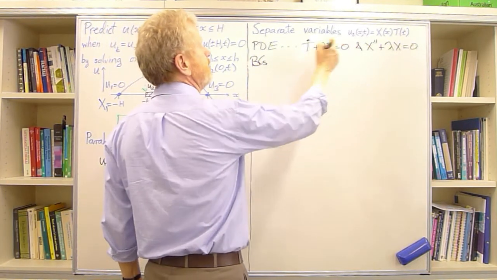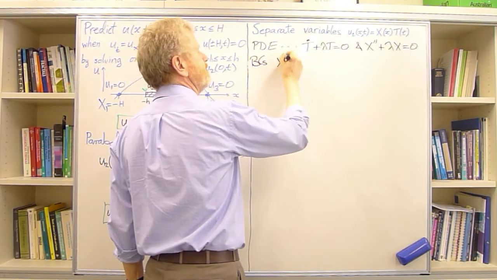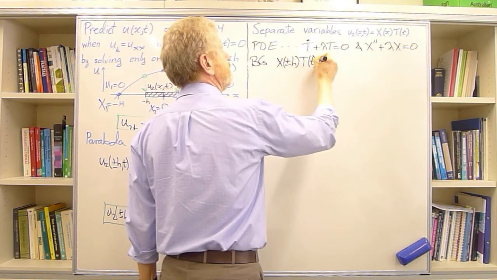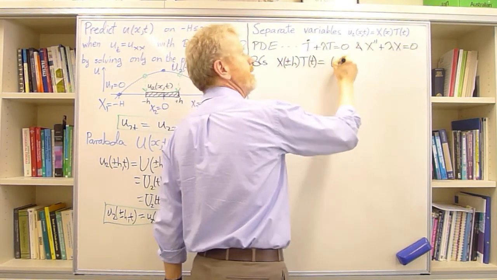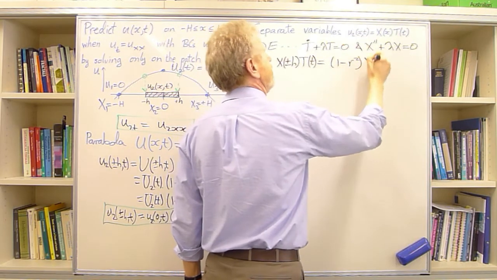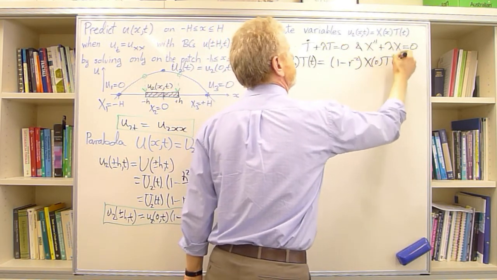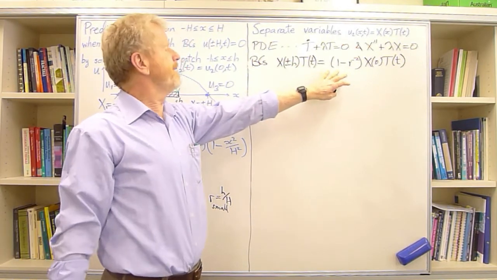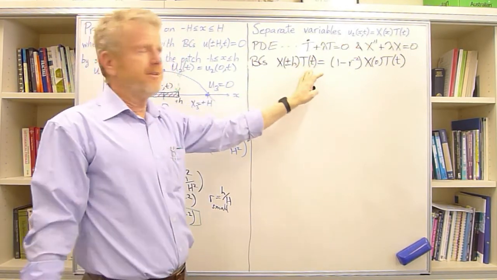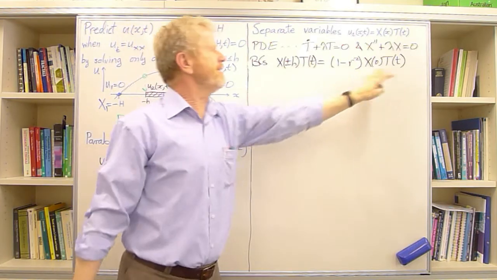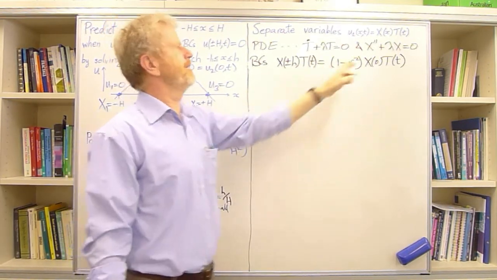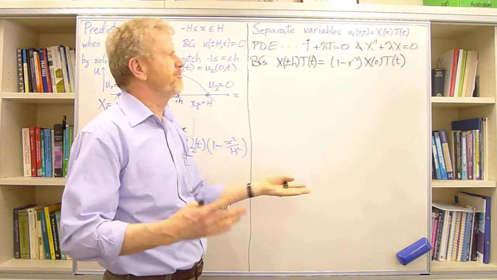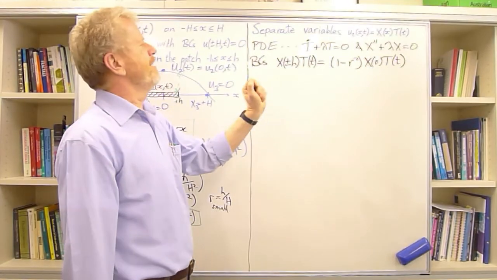Substitute into the boundary condition, and it says that X of plus or minus h times T of t has to be 1 minus r squared times X of 0 times T of t. This has to be satisfied for all time, and there's two ways to do that. One is to have T equal to 0, but then u is 0, which means we have no interesting solution at all.